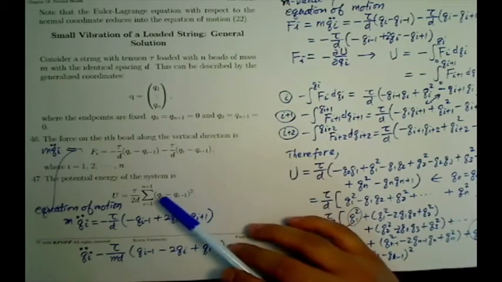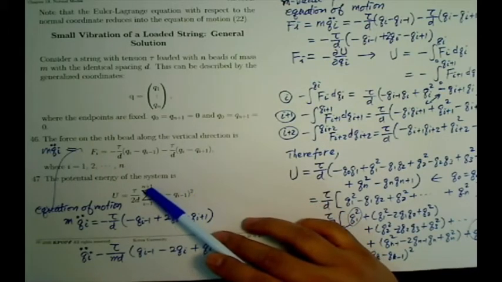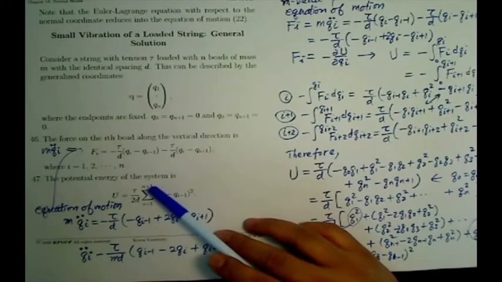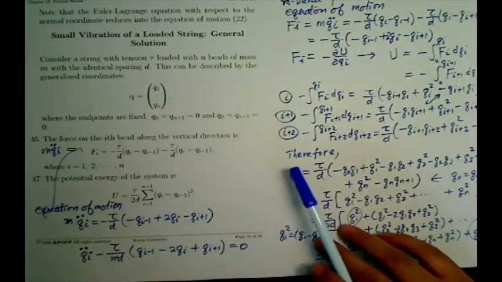What we have done is just change the upper limit from 3 to n.